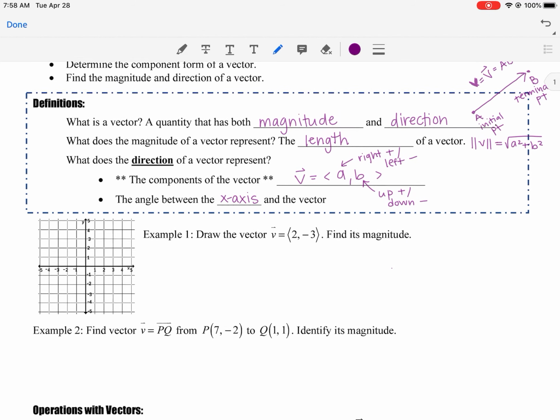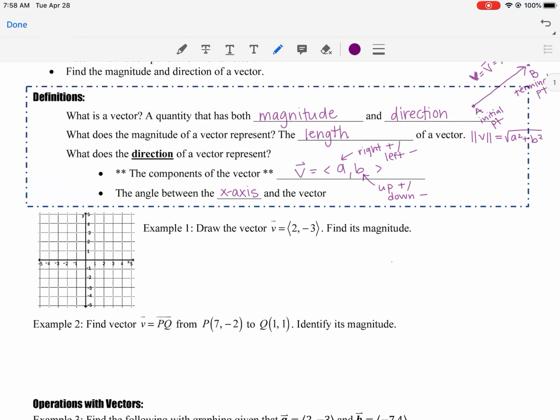Here's a little example. Let's look at the vector 2, negative 3. That means you're going right 2 and down 3. In general, they'll start it at the origin. It's kind of arbitrary; you could have a graph without a grid, but I think it's easiest to put it on x and y axes. So if I start at the origin, I'm going right 2 and down 3, and that's where I'm ending.